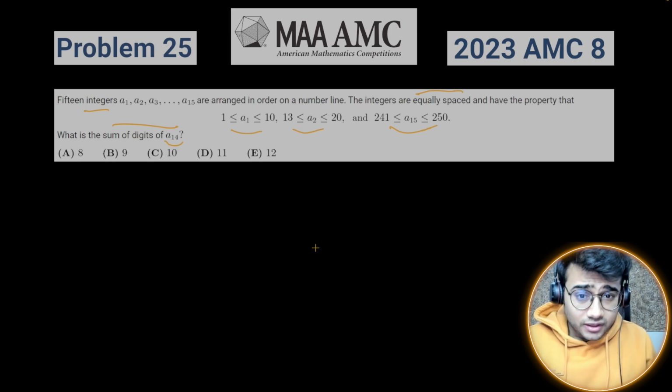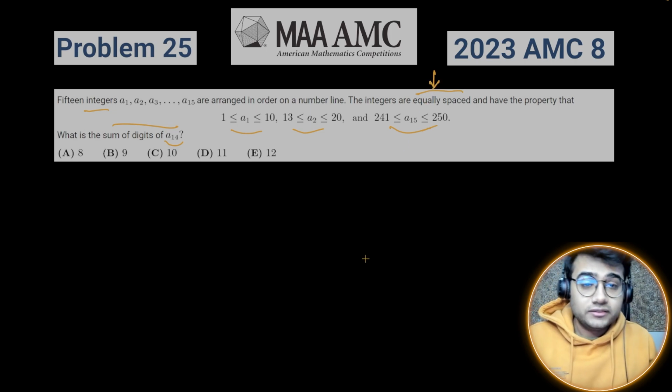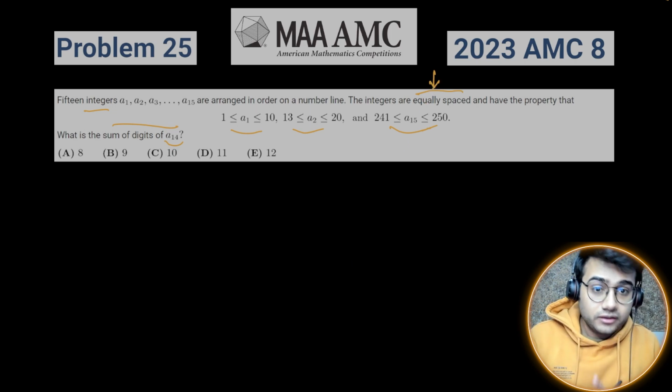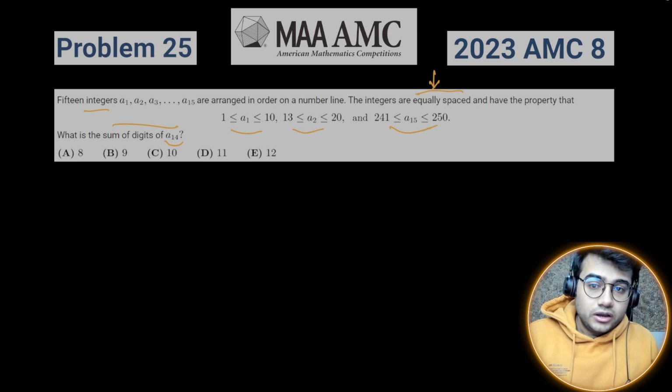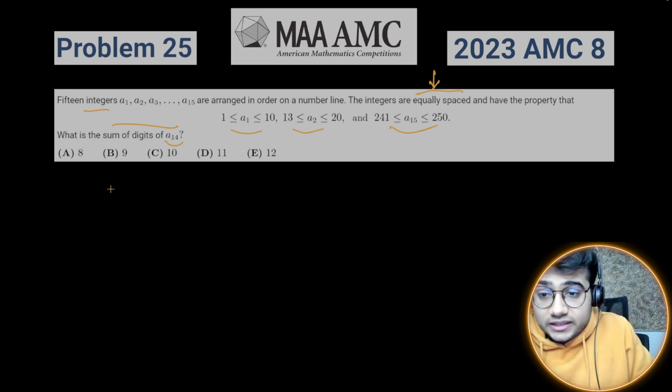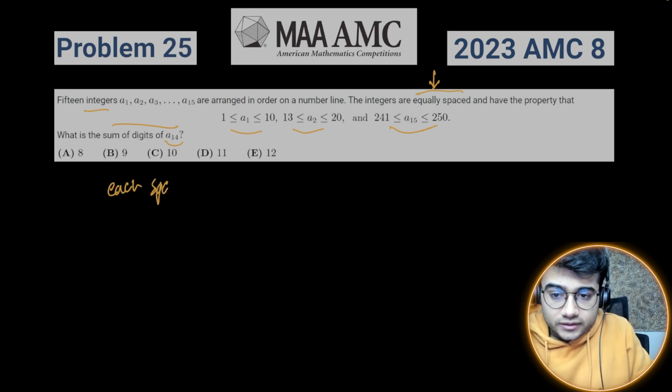So the key thing to focus on is that they are equally spaced, and that is the thing that will help us crack this problem. So let's take a look. 15 integers. How many spaces do they have in between them? Well, they have 14 spaces, and let's say each space is x units.